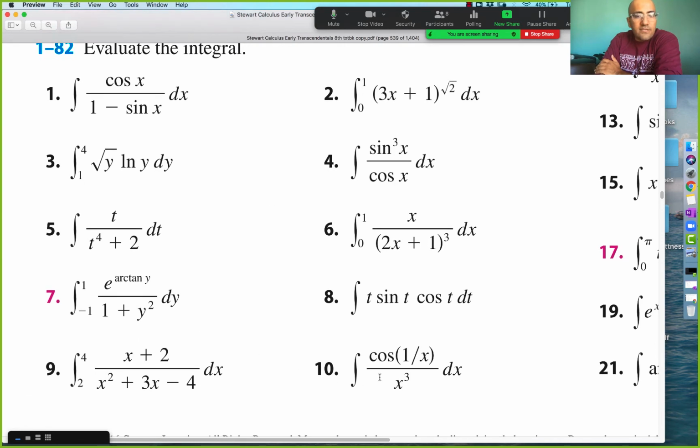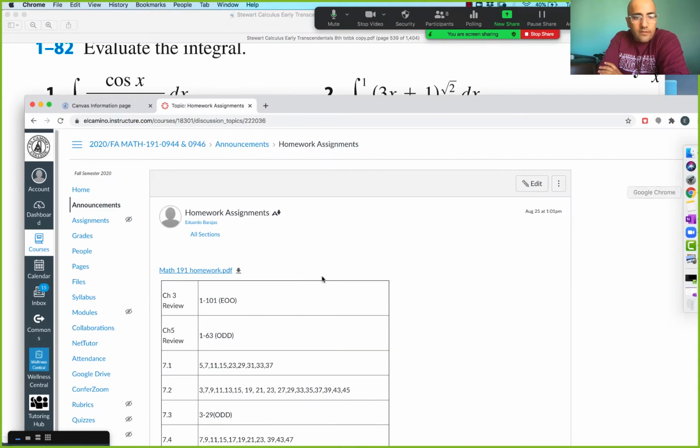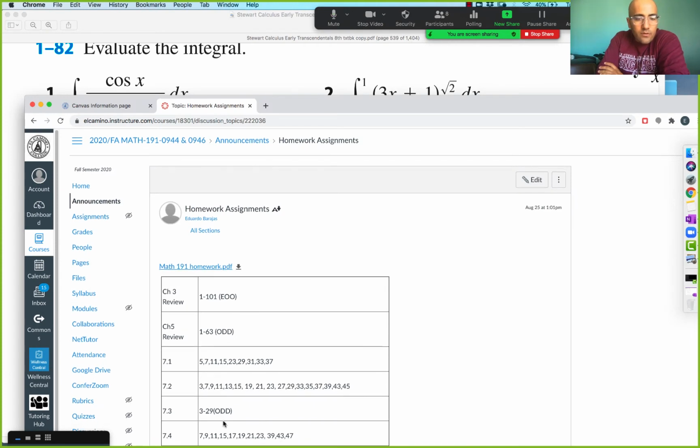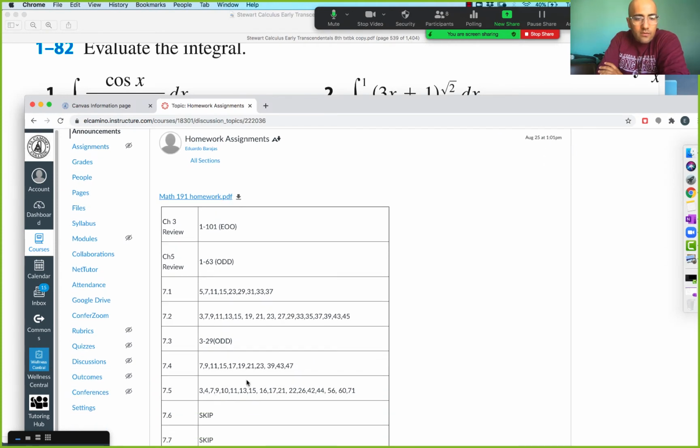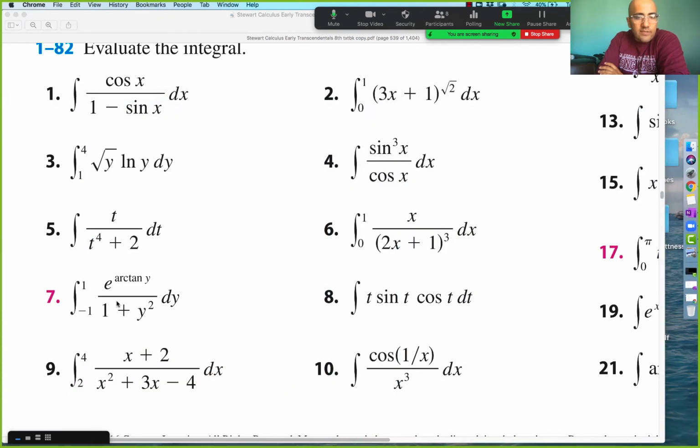Anything else in the first 10 that maybe you guys had trouble with? Anybody had issues, problems, questions, any suggestions on what to do? Any of these? What else did I assign? Let's just do one of them, I guess, in the first few. 9 or 7, 9 or 10. All right, somebody throw out a suggestion between 7, 9, or 10.